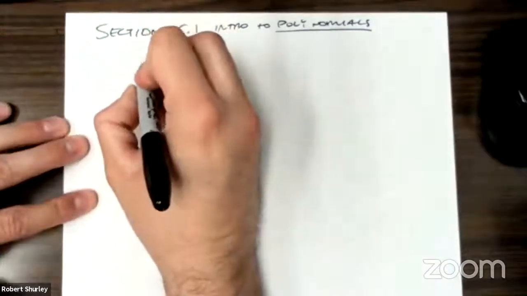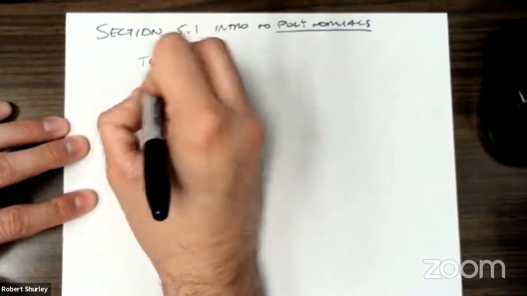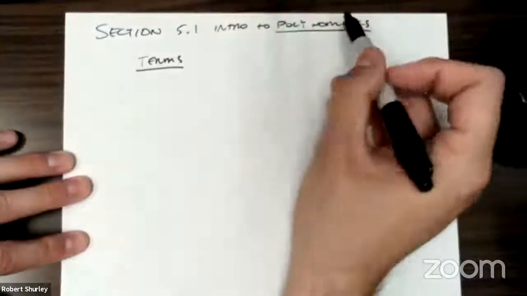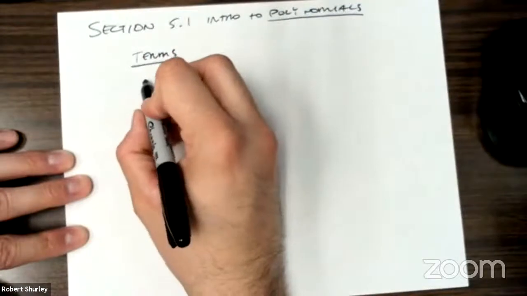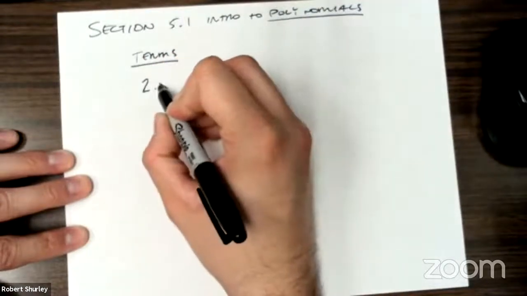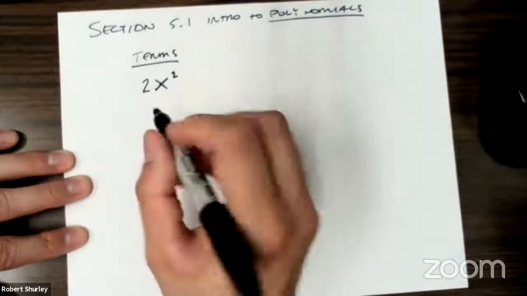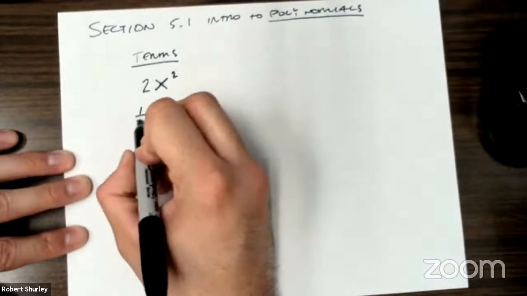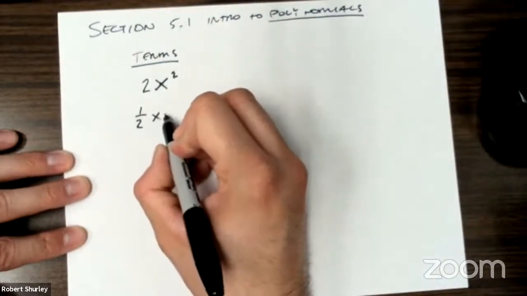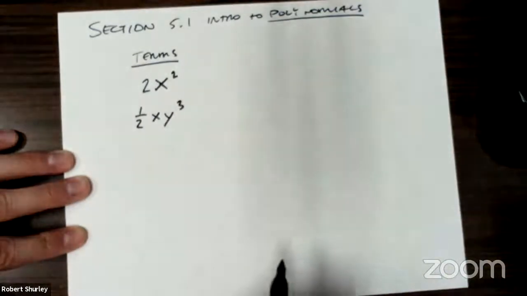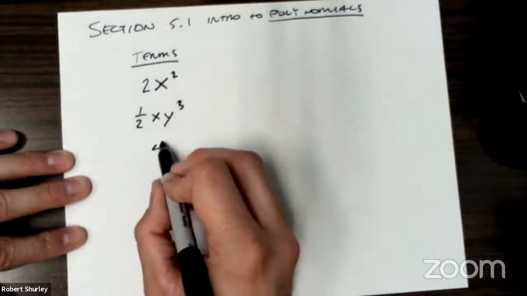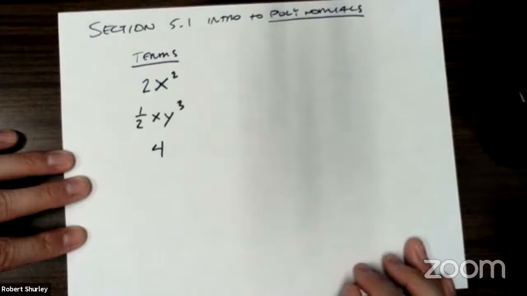So if we wanted to look at terms, which you really need to define before you get to polynomials. So if we look at terms, a term would be like 2x squared, or 1/2 xy cubed, or even just a number like 4 would also be a term.